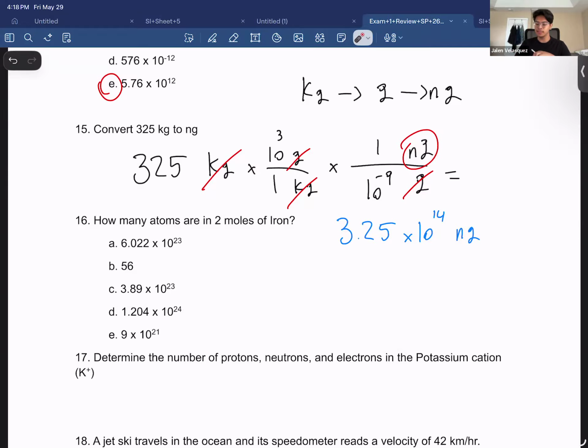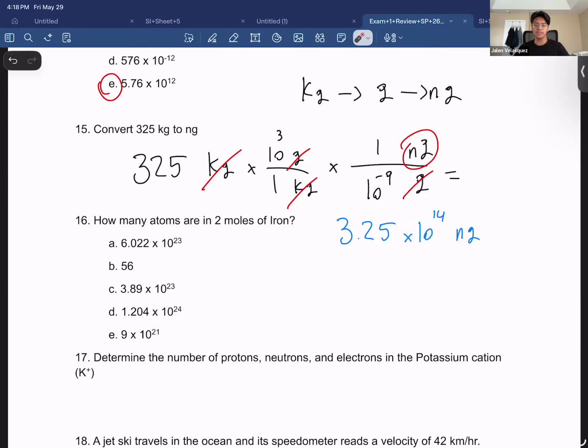So what is the super important special number that you have to associate when you see atoms and moles? Hopefully we remember Avogadro's number, right?